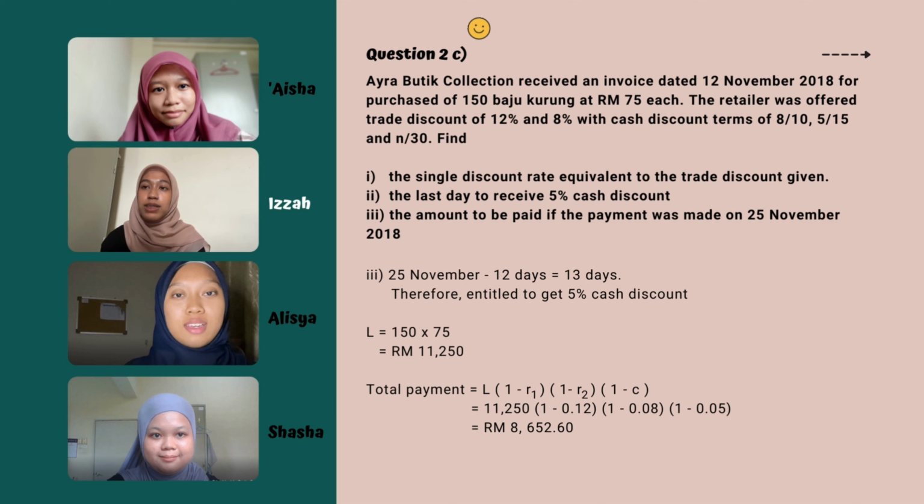So we insert into our formula: 11,250 times (1 minus 0.12) times (1 minus 0.08) times (1 minus 0.05). So we get the answer 8,652 and 60 cents. Thank you, that's all.